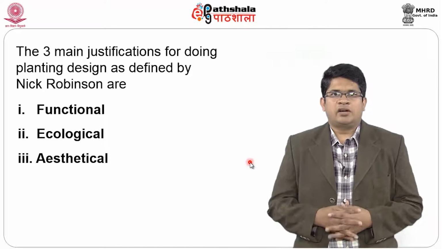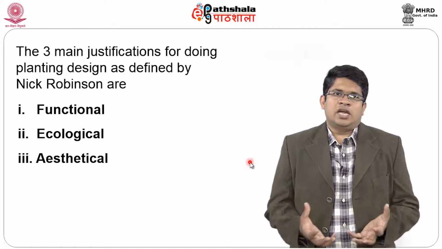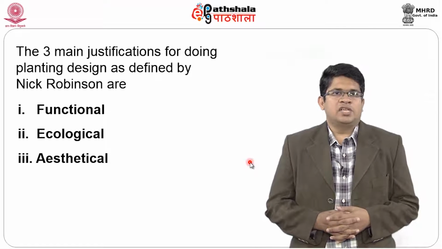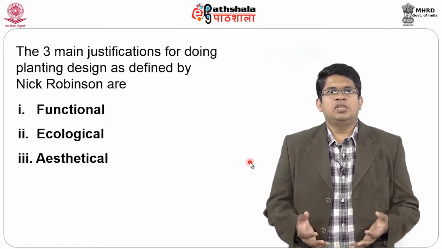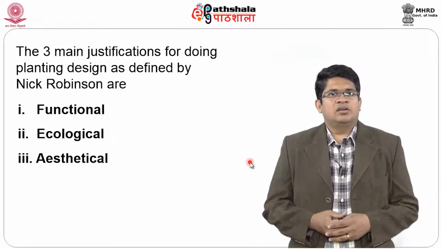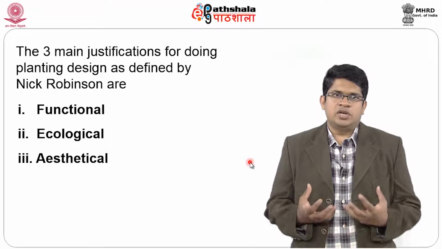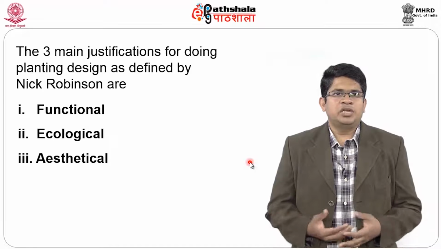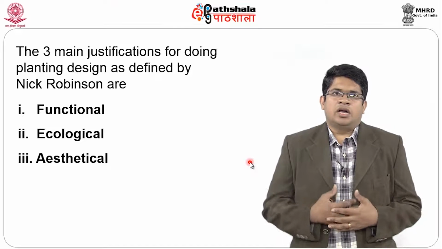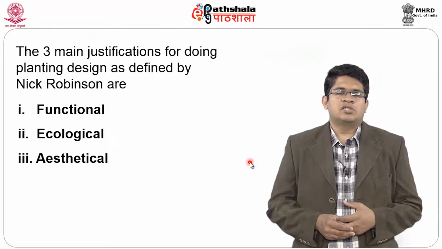There are many factors that contribute to the ecology of this entire planet, and plants play a very significant role in how these factors are monitored and altered, how the environment changes, and how the whole ecological cycle evolves around planting.